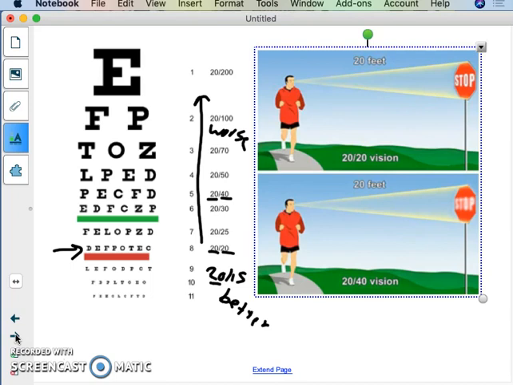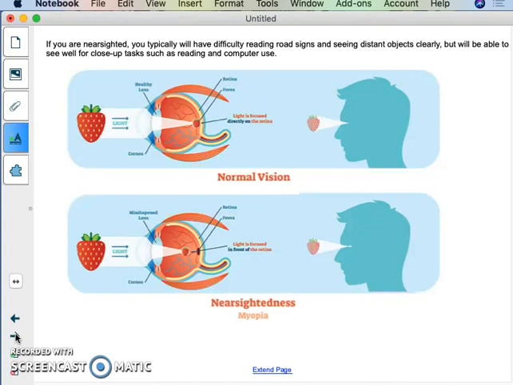If you go to the eye doctor, that 20/20 vision, 20/40 vision, is what tells you if you're nearsighted. Nearsighted means you can see near: I can see near, but you can't see far things. Nearsightedness is called myopia. You're going to have to remember that word.